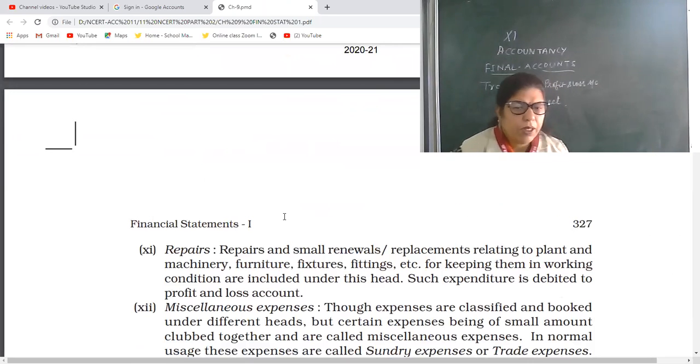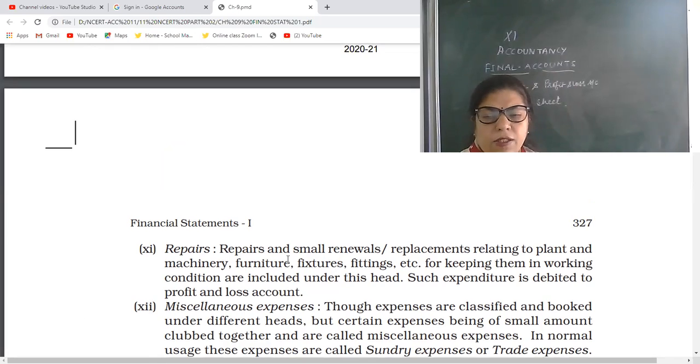Repairs. Repairs and small renewals, replacements relating to plant and machinery, furniture, fixtures, fittings for keeping them in working condition are included under this head. Such expenditure is debited to profit and loss account.